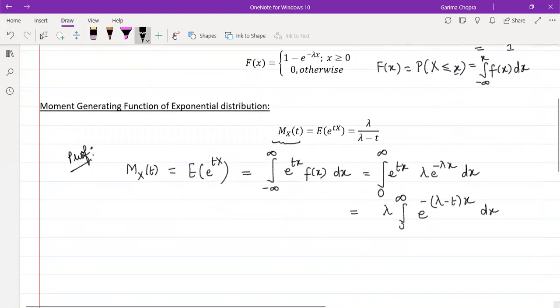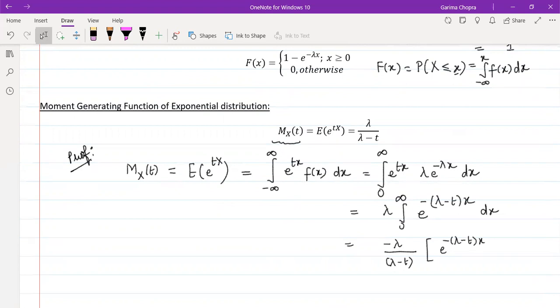When we integrate it, we will get minus 1 upon lambda minus t, and we will have e raised to power minus lambda minus t x, and here the limits are from 0 to infinity.